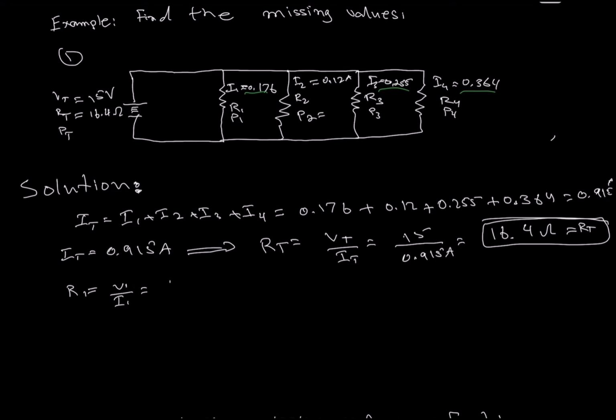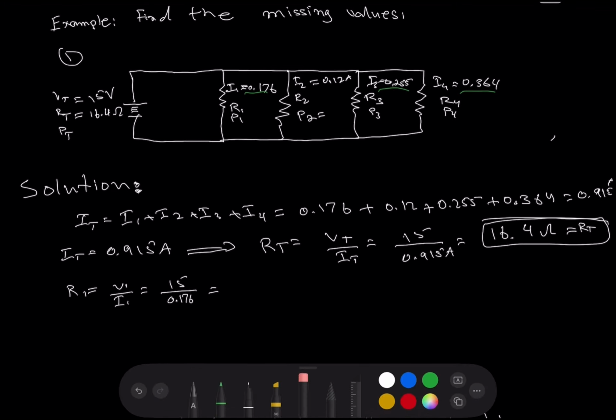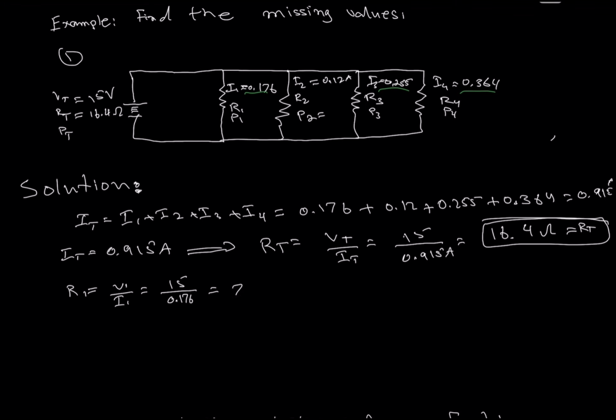V1 is given as 15 volts divided by I1, which is 0.176. 15 divided by 0.176 will give me 85.2 ohm. For R2, since the voltage is the same here, and the current is given in every resistor, we can use that.